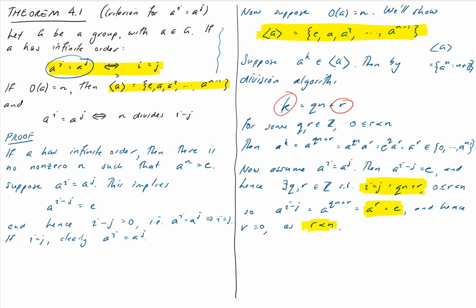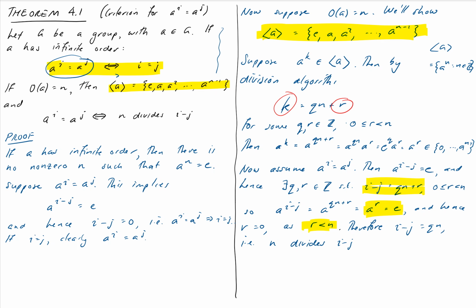Okay, and what do we conclude from that? If we go back to our statement, we've now shown that i minus j equals qn (I should have written i minus j up here, apologies), i.e. n divides i minus j.